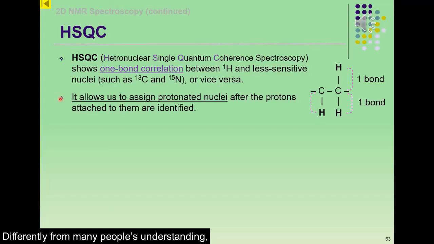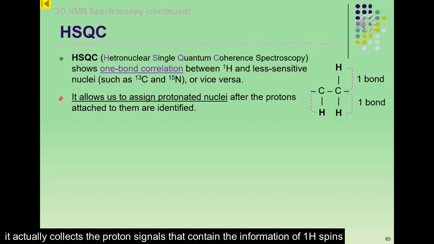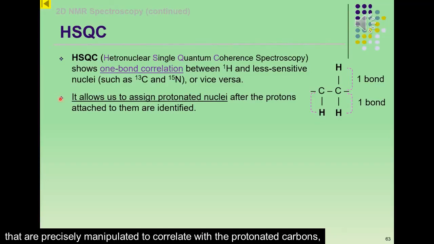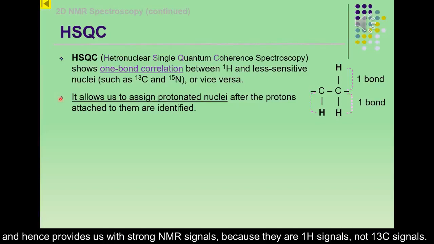Differently from many people's understanding, it actually collects the proton signals that contain the information of 1H spins that are precisely manipulated to correlate with protonated carbons, and hence provides us with strong NMR signals because they are 1H signals, not carbon-13 signals.